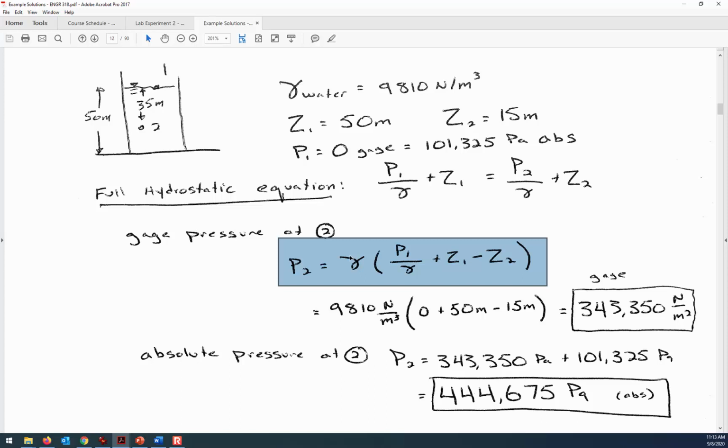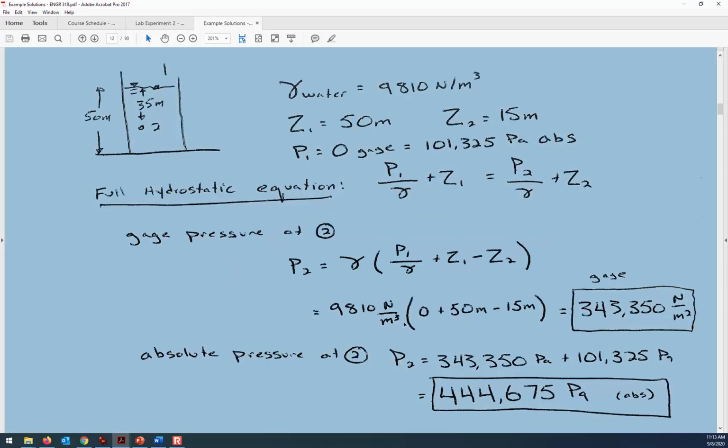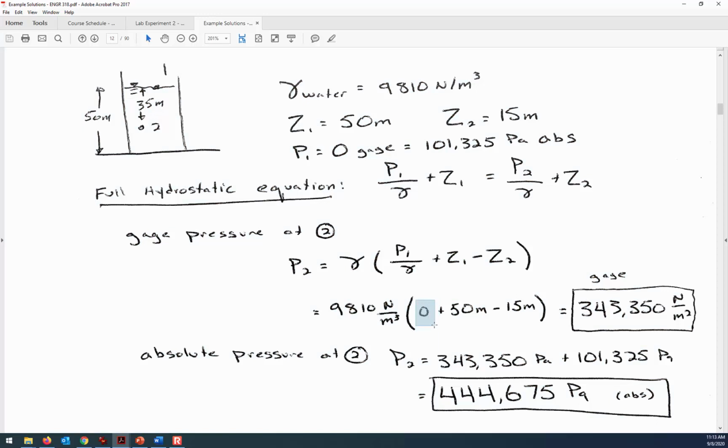So that's kind of like the delta P formula when we use the abbreviated version of the hydrostatic equation. And so in gauge terms, that's where we assume that P1 is 0. But if we want to find the absolute pressure at 2, then we just put in whatever the pressure at location 1 is. And assuming that it's at sea level, then it would be 101,325.